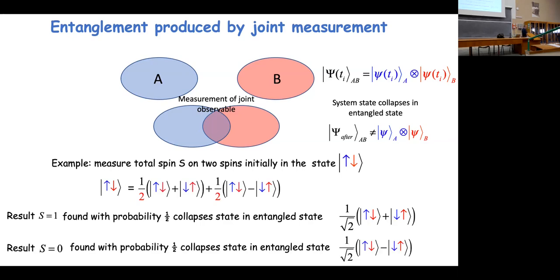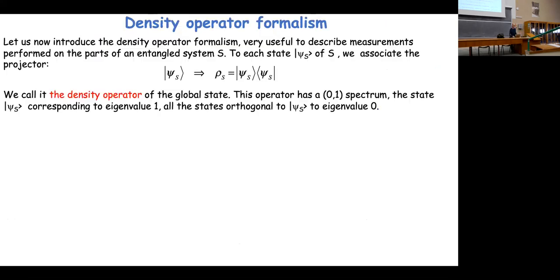So you see that a measurement of a joint observable leaves you at the end with an entangled state. Of course, you don't know which one you will find until you make the measurement. The probabilities are 1/2, 1/2. But once you have found the result, you know which entangled state you have prepared. So this is entanglement produced by measurement.